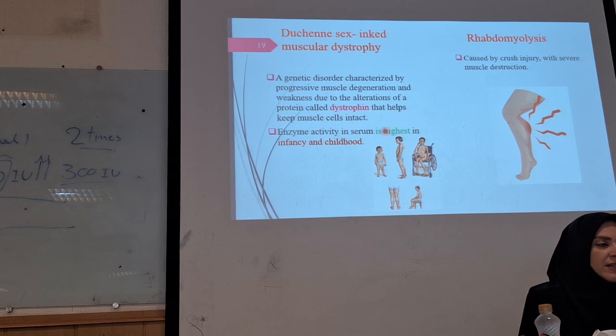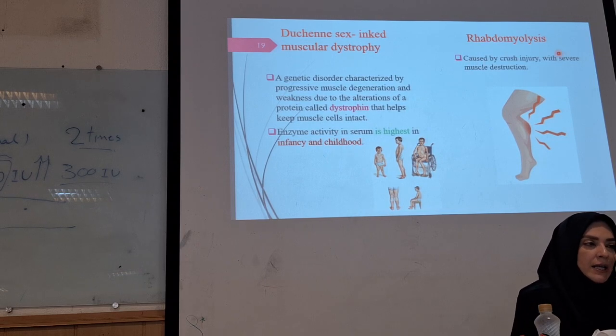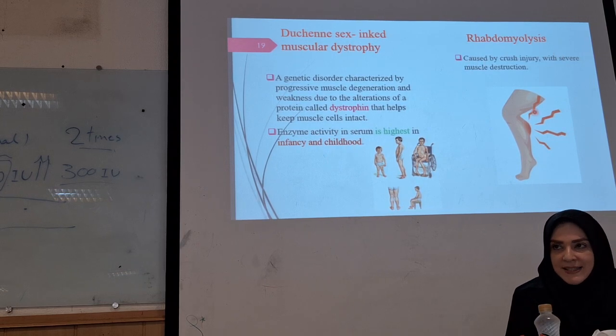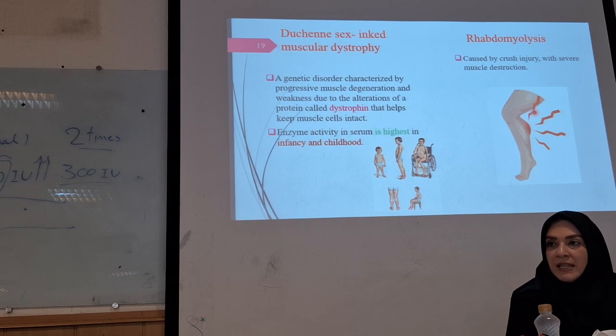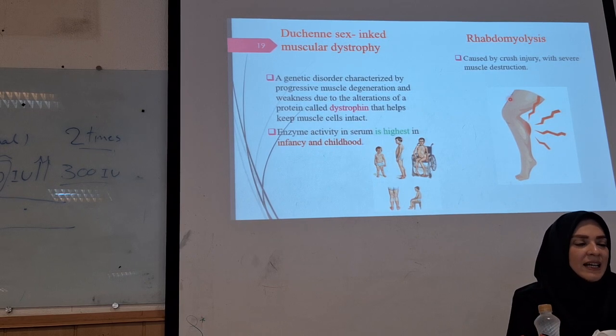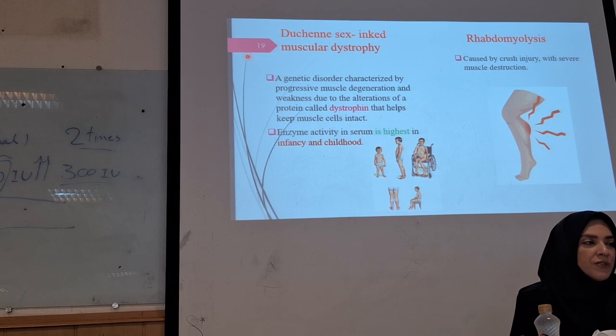And enzyme activity in the serum is very high, especially since this disorder is found in infancy and childhood. And also rhabdomyolysis, for example, after a car accident, any injury or trauma can affect the muscles, known as rhabdomyolysis. So in both of these situations, the creatine kinase is high.